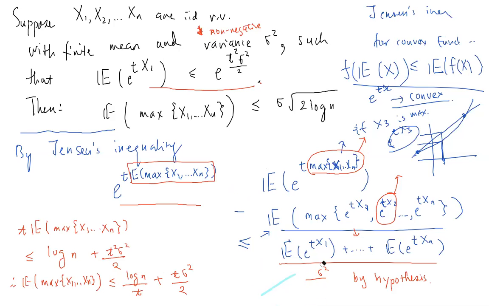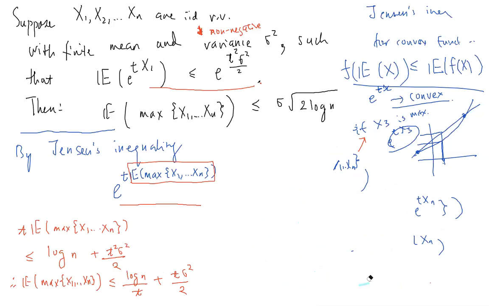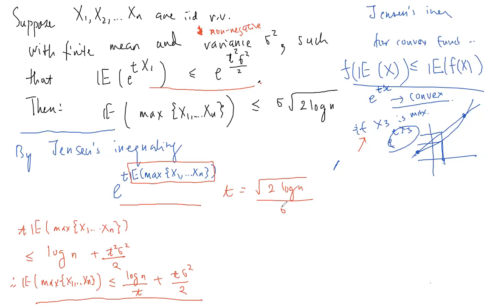So let me clear some space here. Okay, so once you have this inequality, you're almost there. We set t equals to square root of 2 log n over sigma.